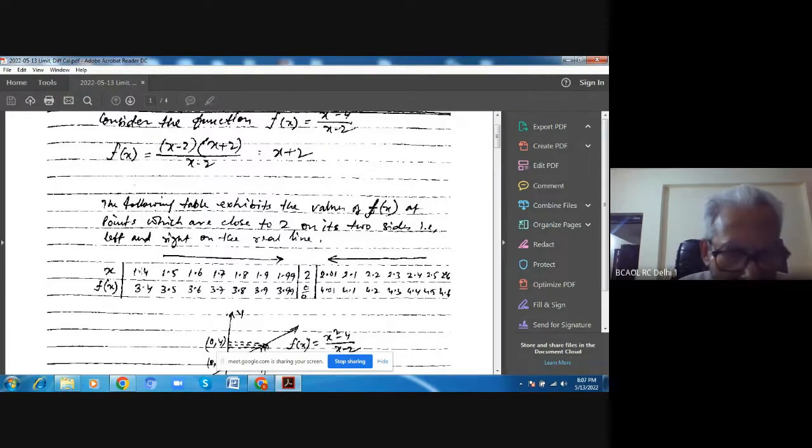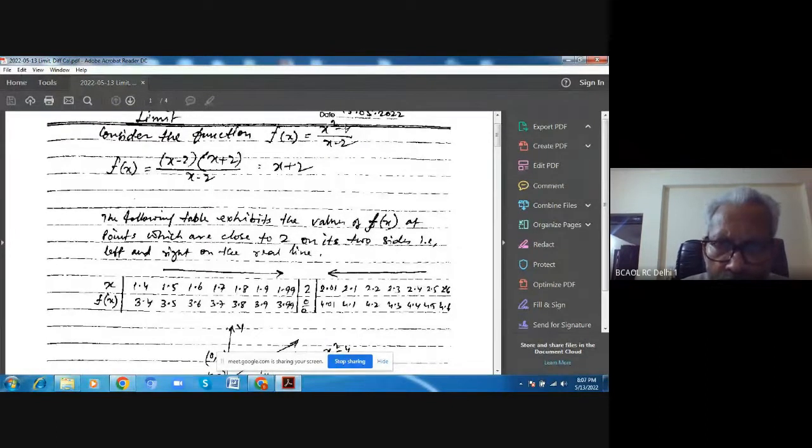Or we can say from left to right, the x values are increasing and finally reaching 2. That tends to 2. And from the right hand side, the value is 4, in this case we are considering 4.